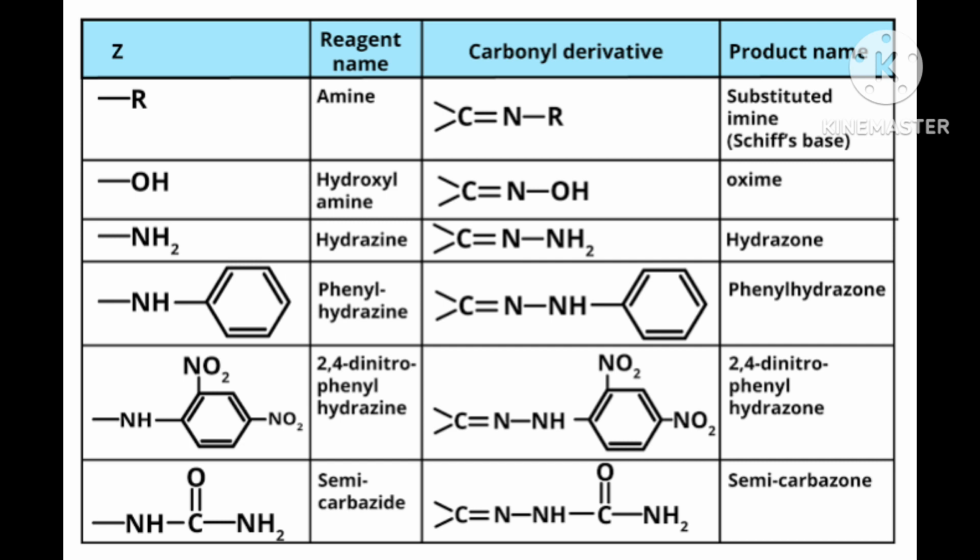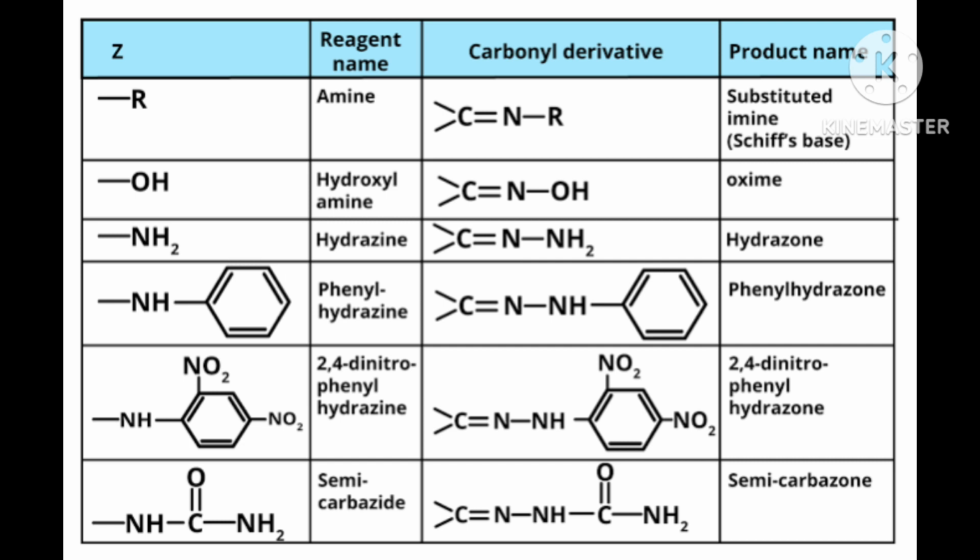It will come in the place of Z. CN was already there, now NH is joined in the place of Z. Then the product will be known as 2,4-dinitrophenylhydrazone. Okay, this hydrazine ending is converted to hydrazone.